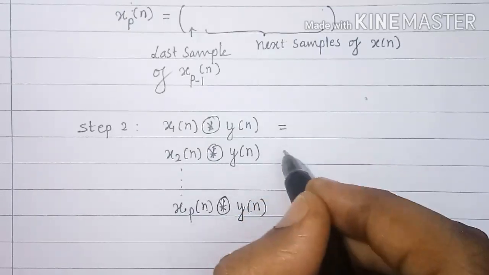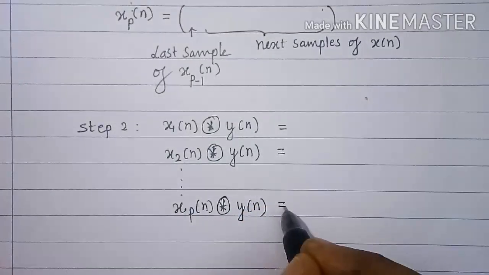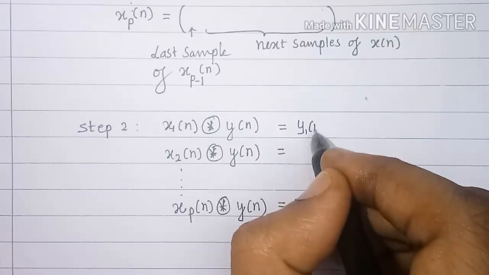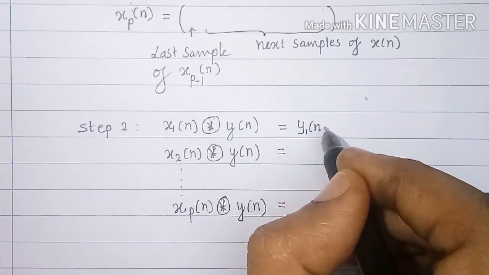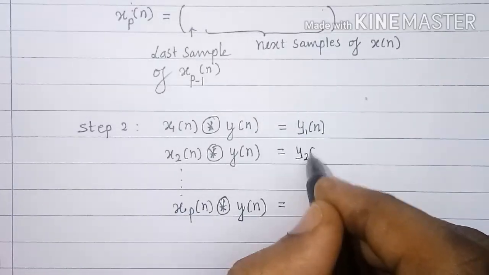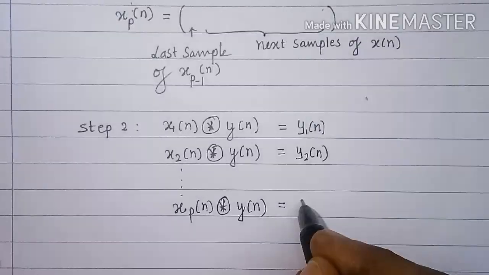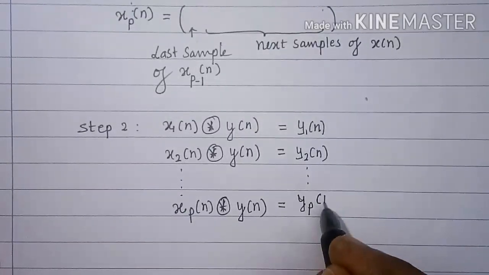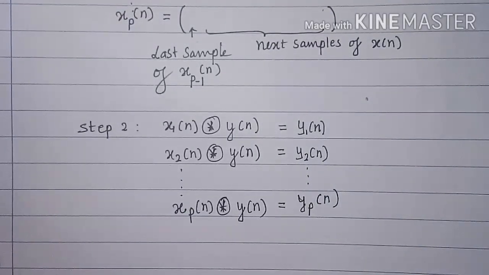And these circular convolutions we will call y1 of n, y2 of n, up to yp of n.